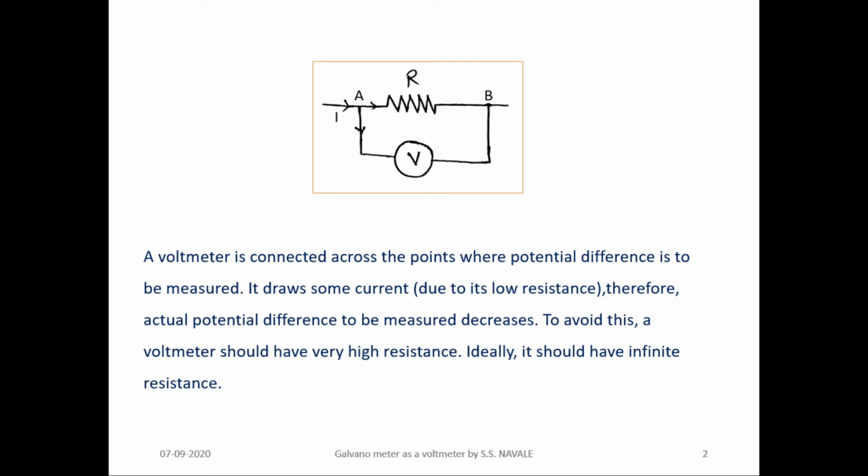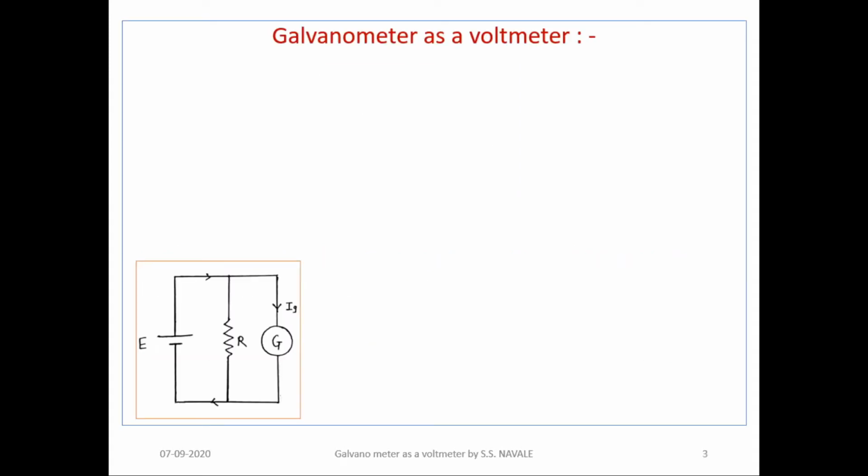Now we have to use a galvanometer as a voltmeter. Like a voltmeter, if we connect the galvanometer parallel to the resistance R as shown in the figure, we know that the galvanometer measures a very small current.